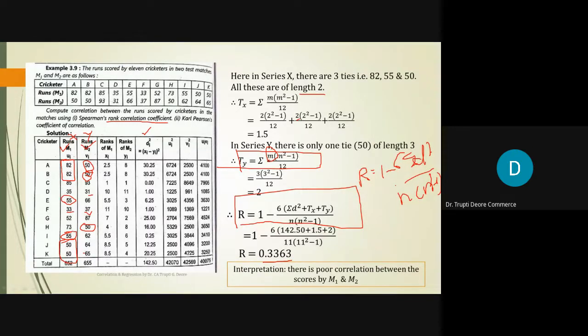This is the formula without ties, and with ties it's the same formula, you just have to add Tx plus Ty to your summation of d square. So they may ask you the formula, or they may ask you for the calculation of the rank correlation coefficient. Sums will be taken after we complete the chapter, so don't worry about it.